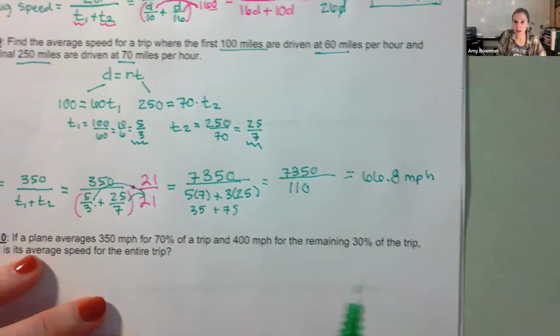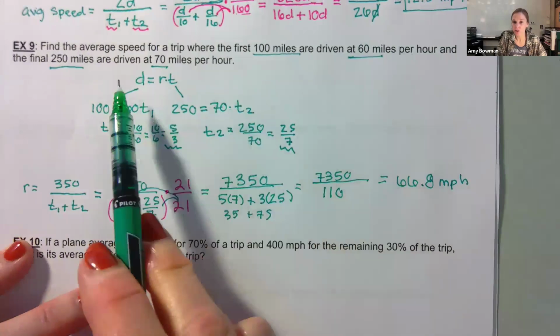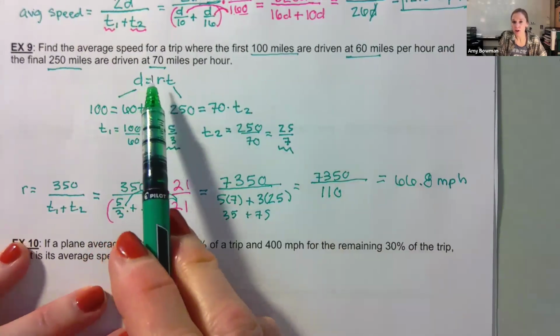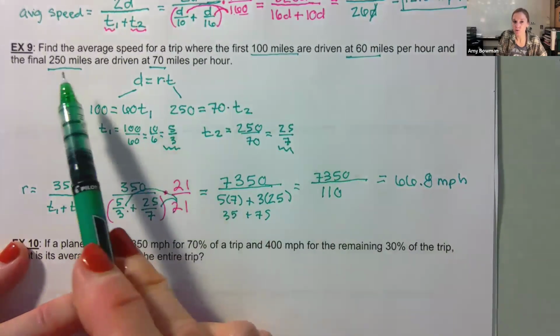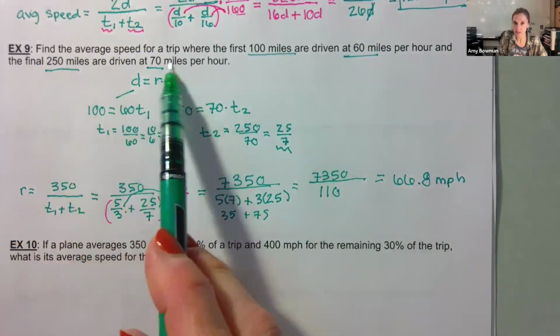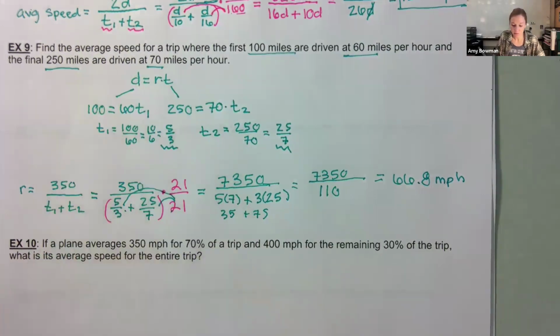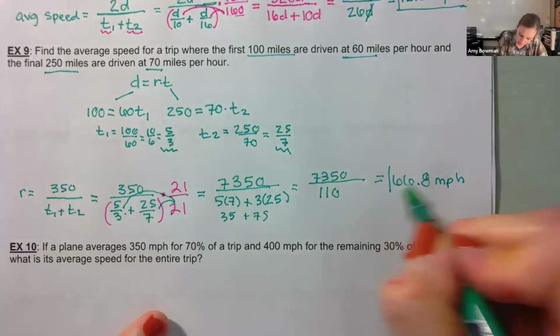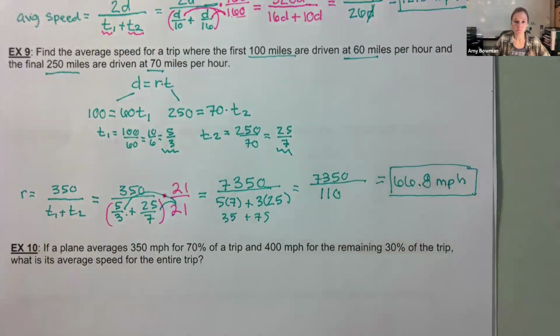So we traveled at 60 miles an hour for part of this trip, 70 for another part. The average rate is closer to 70 this time. You traveled at 70 miles an hour for a longer distance and therefore a greater amount of time. So we do see this average weighted towards 70.